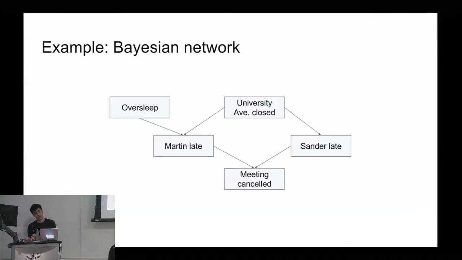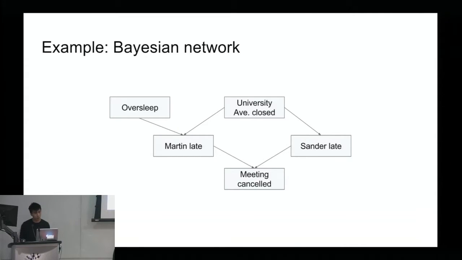These meetings could be canceled if I was late or he's late, and there's conditional dependency on them. If I'm late, there's a possibility that I overslept or that University Avenue is closed, so it's harder for me to get to campus. Same with Sonder. If he's late, there's a probability that it's because University Avenue is closed. But you can see that Sonder being late and me oversleeping are not dependent upon each other, but me oversleeping and me being late obviously are.